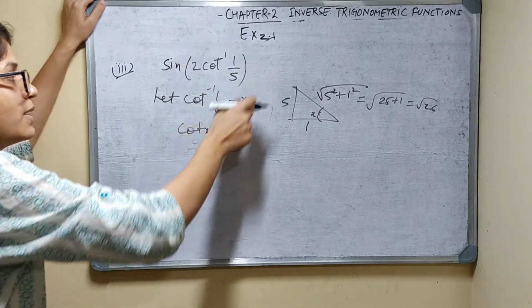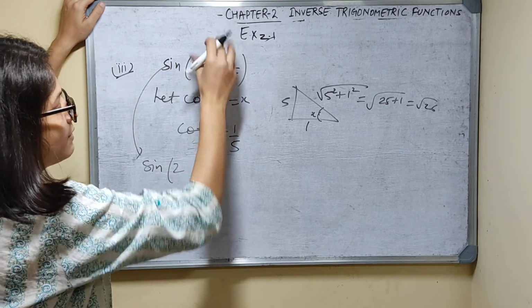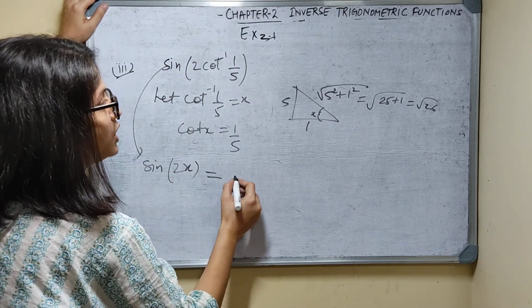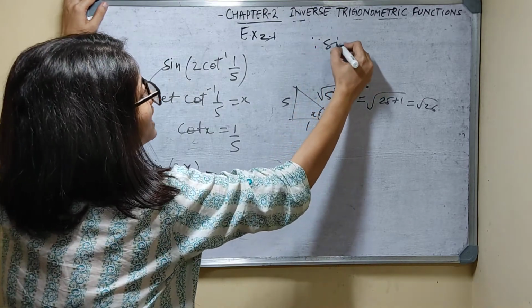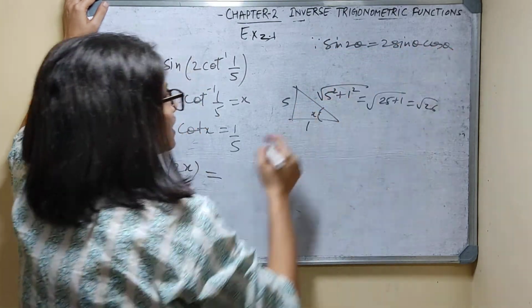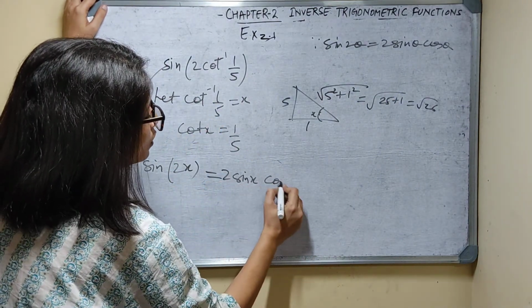So sine of 2 cot inverse 1 by 5 is sine 2x. Sine 2 theta is 2 sine theta cos theta, so sine 2x is 2 sine x cos x.